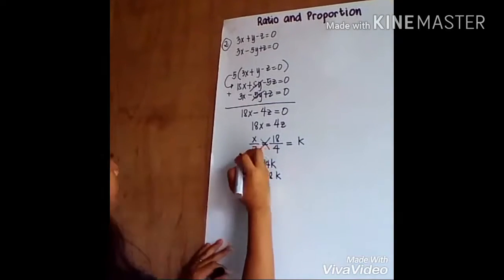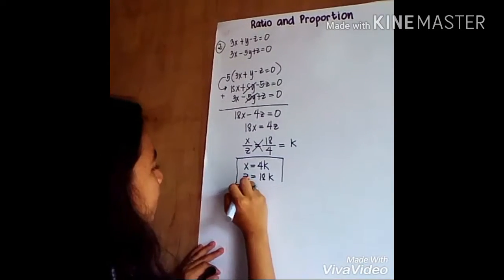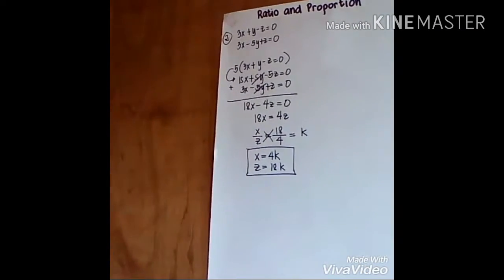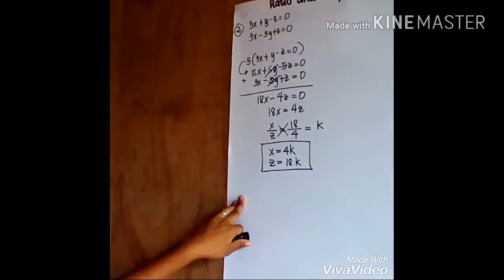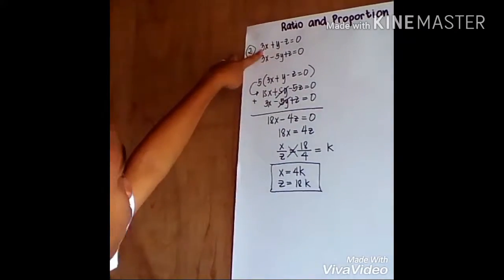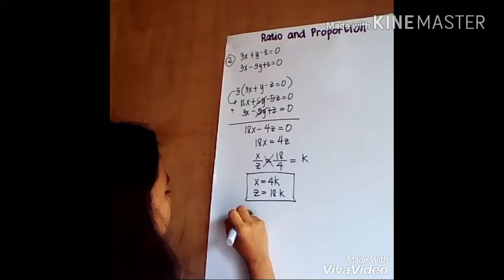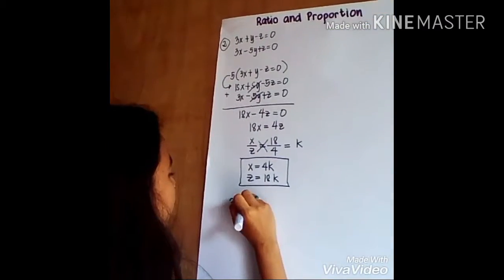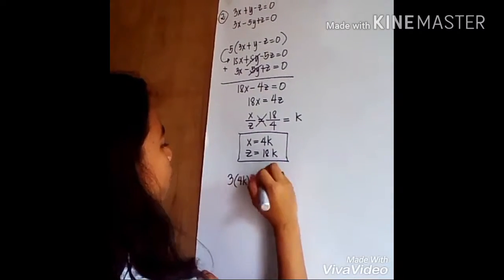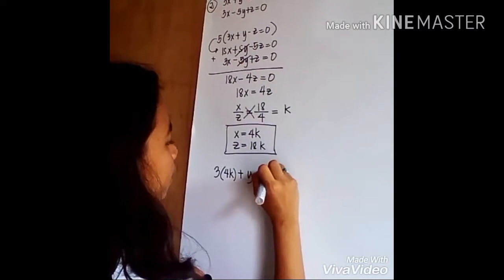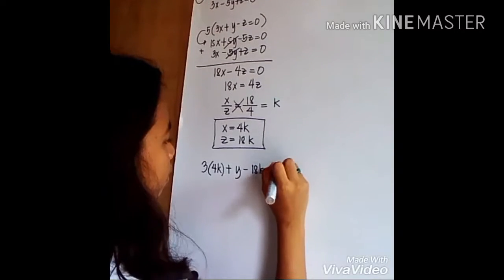So we now find the x and z. To find the y, we simply substitute. It's either the first equation or the second equation. So 3 times 4k plus y minus 18k is equal to 0.